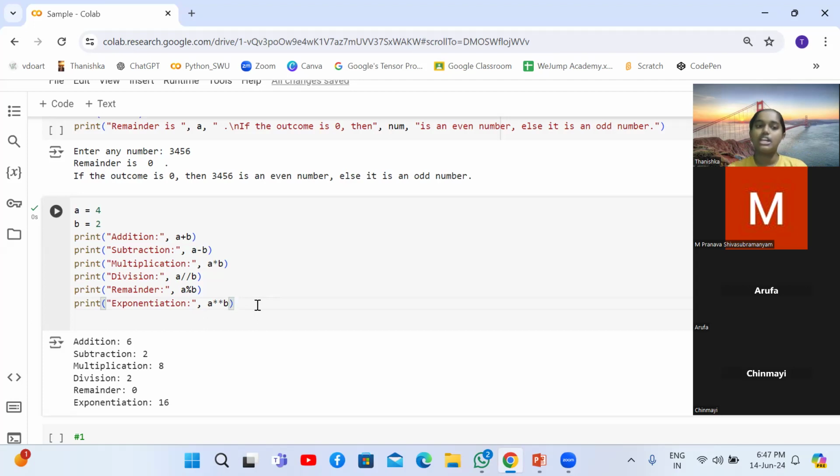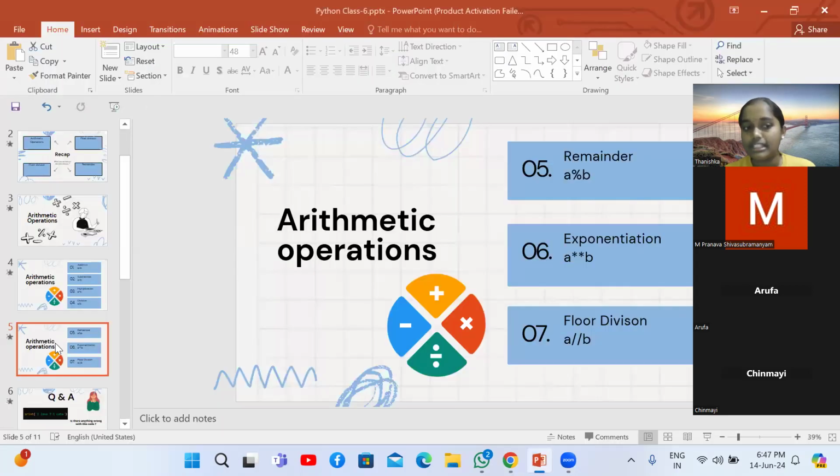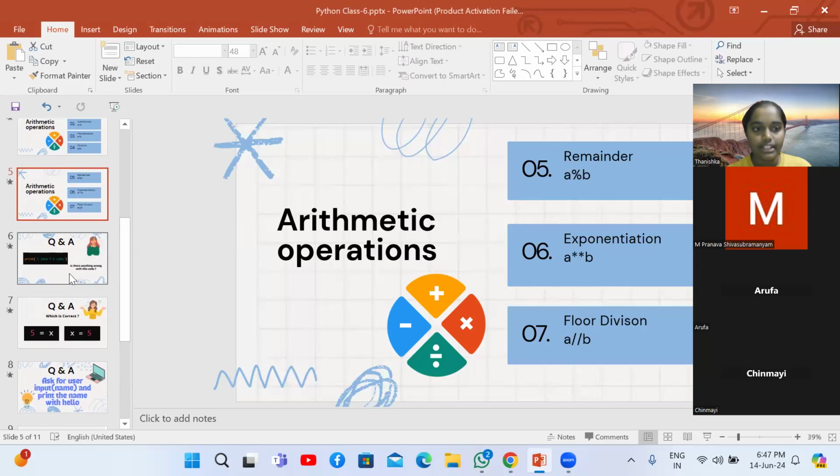So here 4 raised to the power of 2 means 4 two times, so 4 into 4 is 16. So here you got the answer. I hope you guys understood, because this is the basic thing you've already learned in your classes.